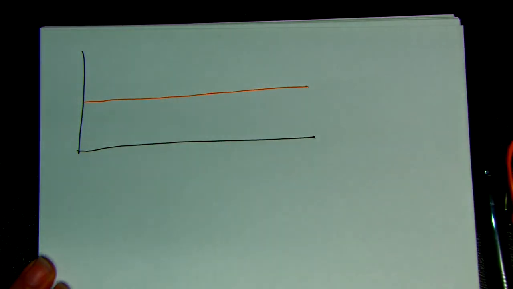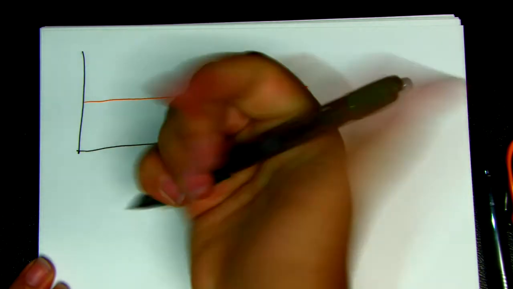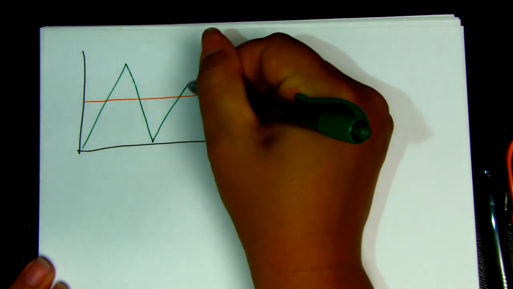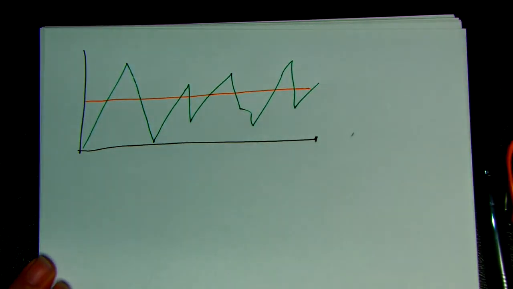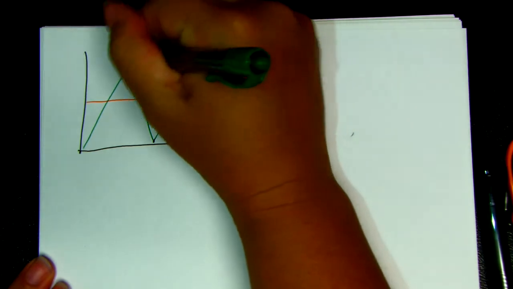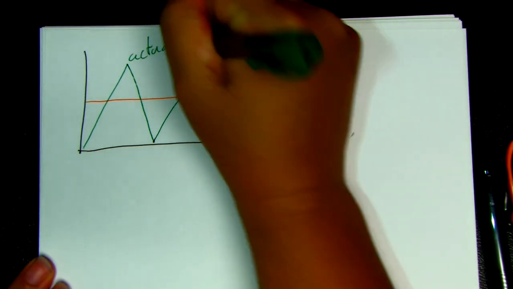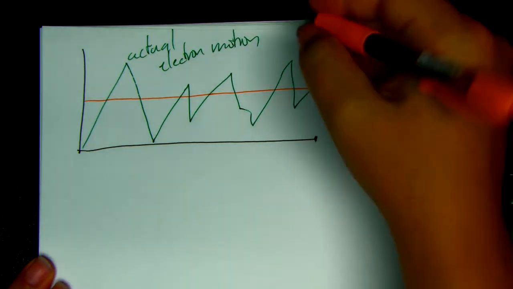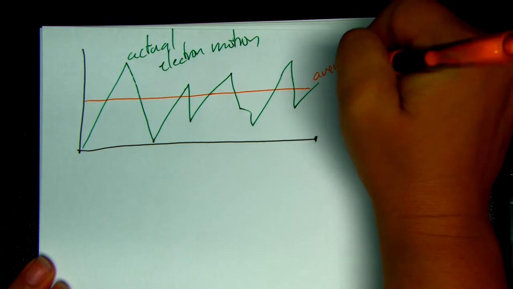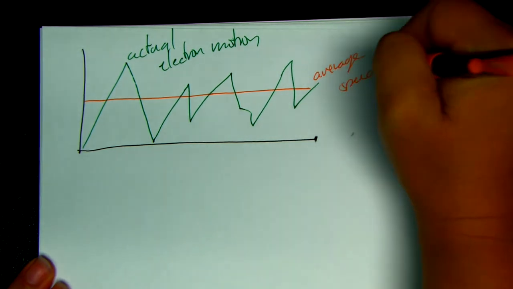In reality, they're getting attracted to a proton, accelerating, and then decelerating, and then maybe repulsed by something else, and they're kind of moving around like this. So this is actual electron motion. And then this is the average velocity, or average speed, v bar.